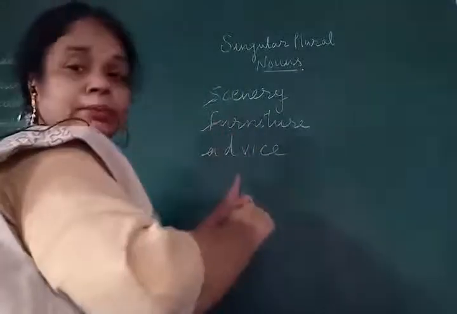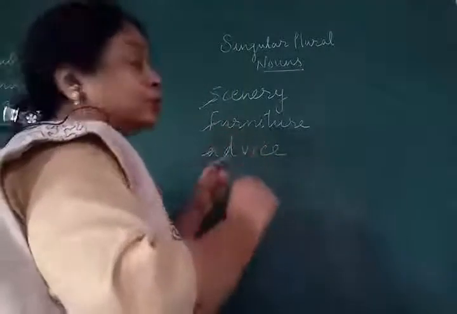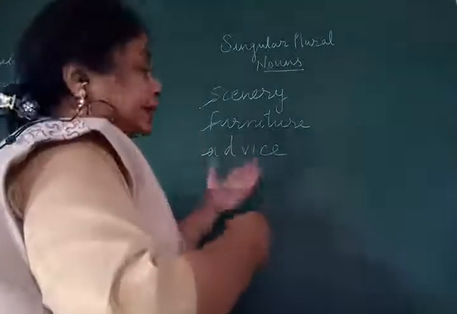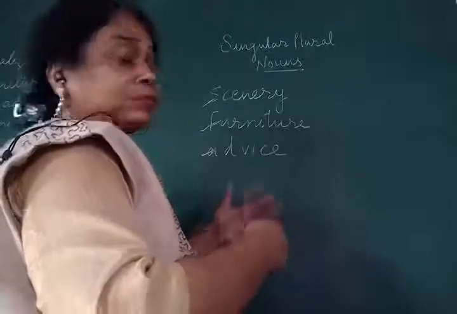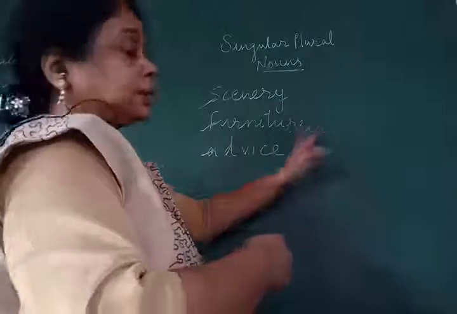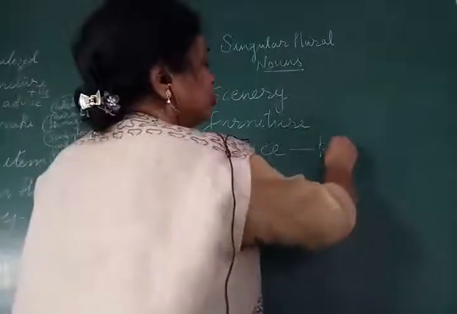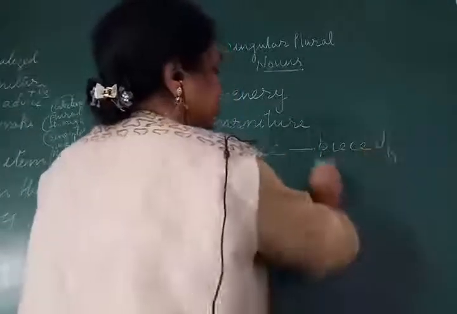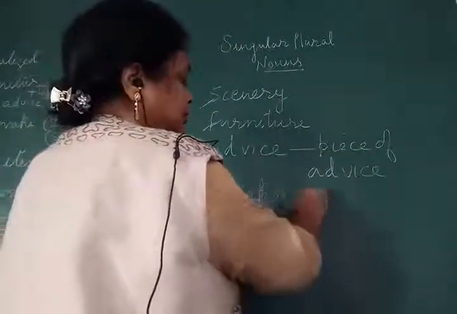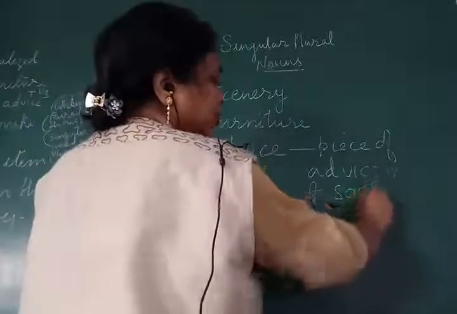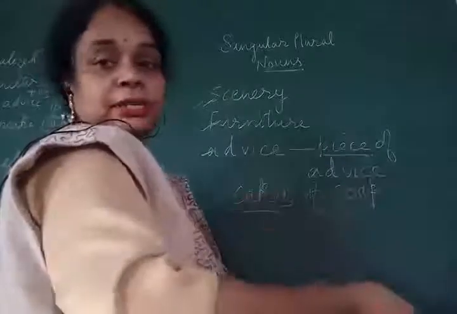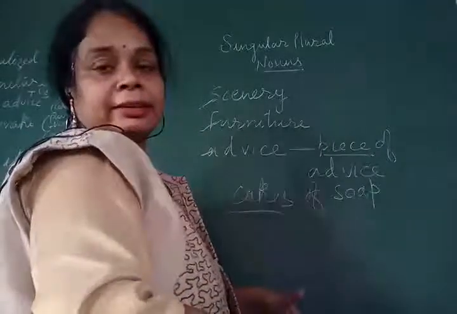If we need to change them to plural, we need to add words like lot of, cake, piece, act. All these words are used if we need to change them to plural. Like for advice, you have heard about piece of advice, cakes of soap. So these are the words which are added to all those words which can't be pluralized.